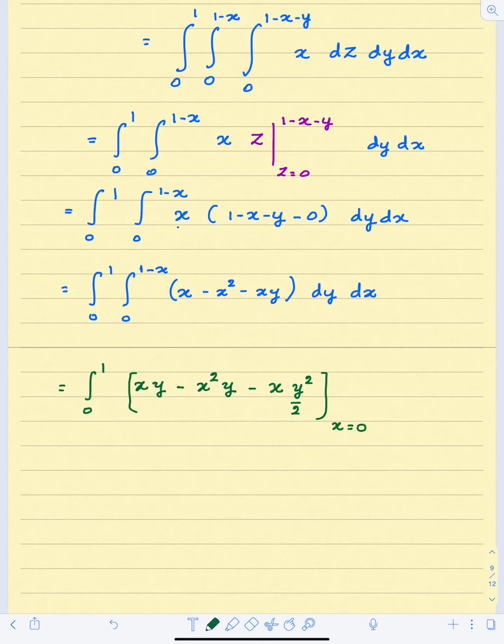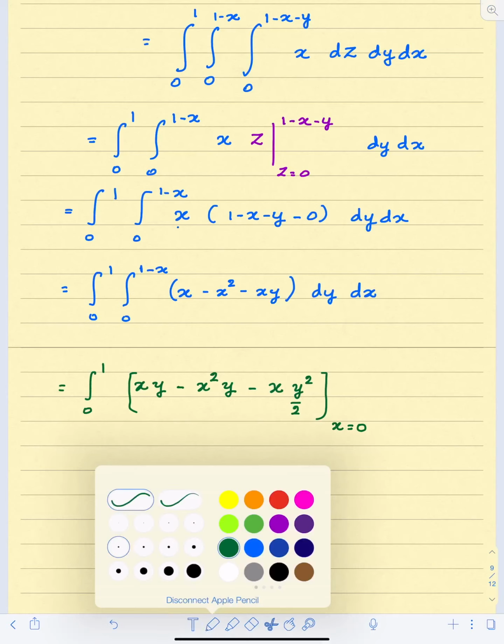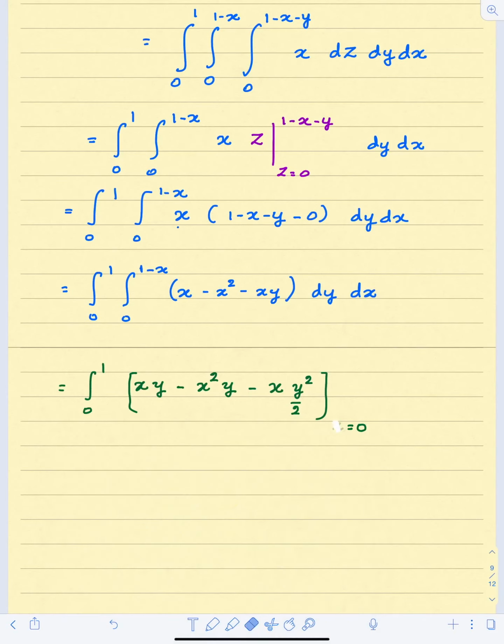Lower limit is 0, upper limit is 1 minus x, dx.